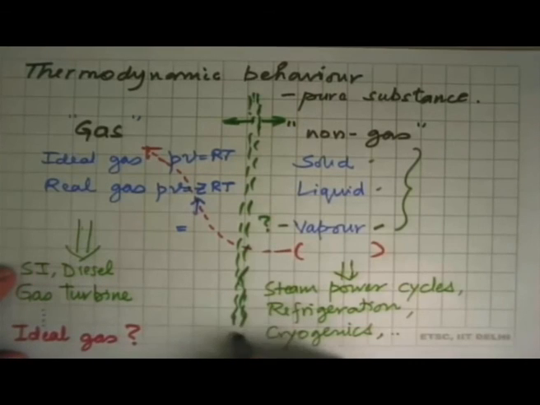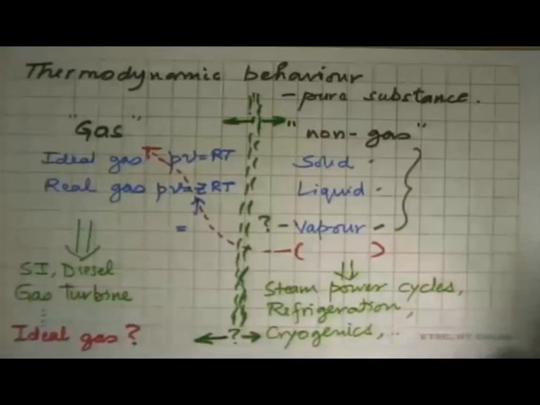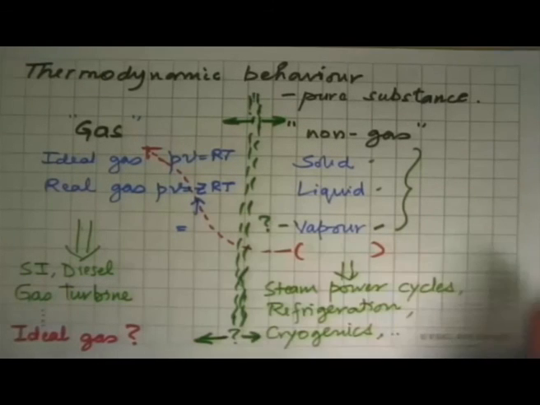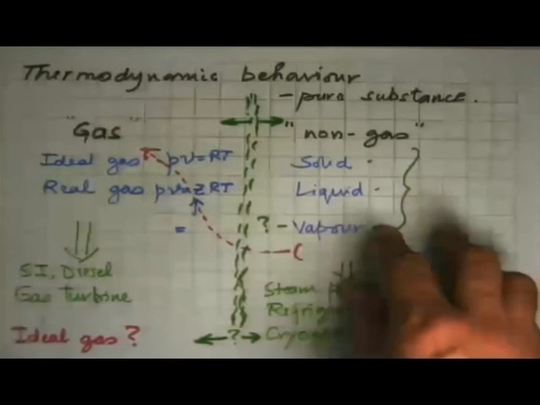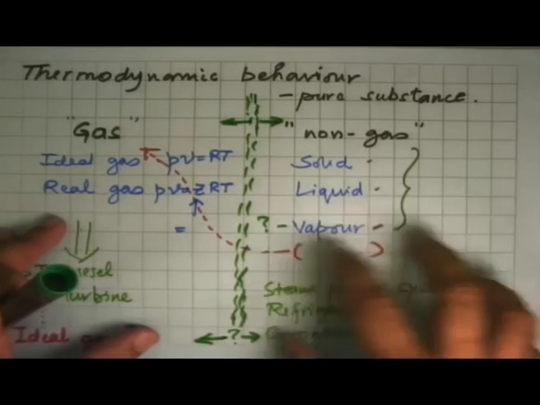So this also we will see. What is the way by which we can say if a substance lies in this side or a substance lies in that side. A practical reason why we make this differentiation is that we can broadly classify most of our work to energy devices as gas-based devices or vapor cycle devices.